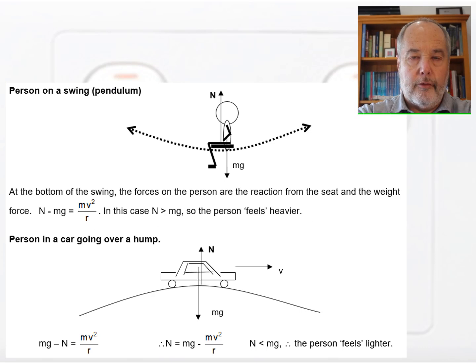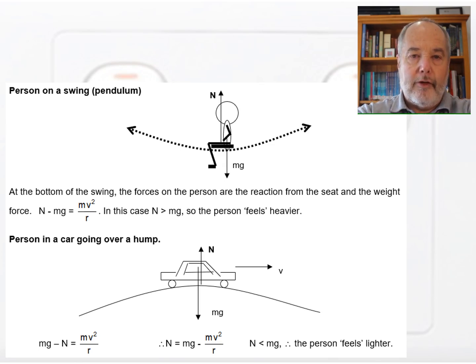If you were the person swinging on a swing or moving in a vertical circle, at the bottom of the vertical circle you are going to feel heavier, because the normal reaction force is going to be greater than mg.